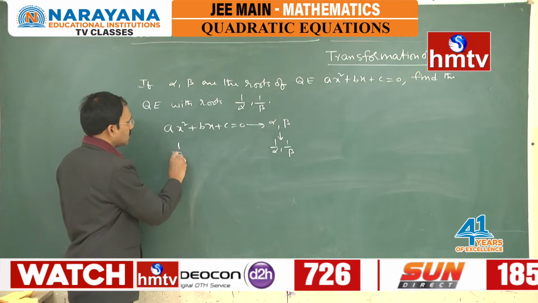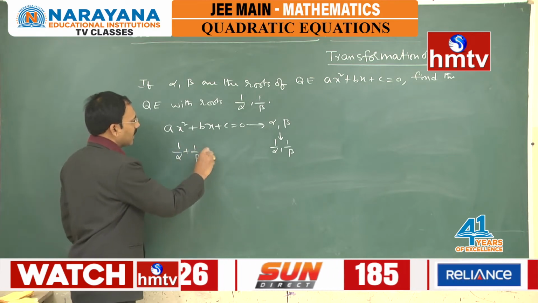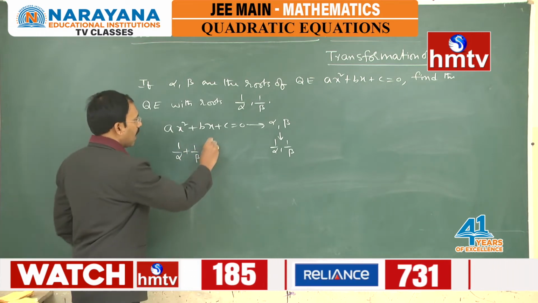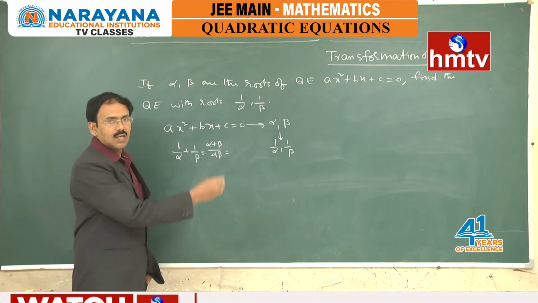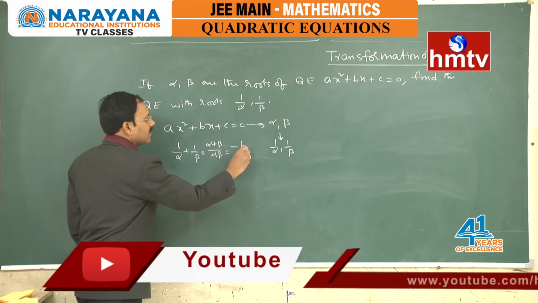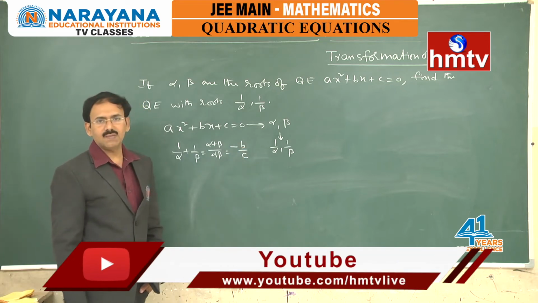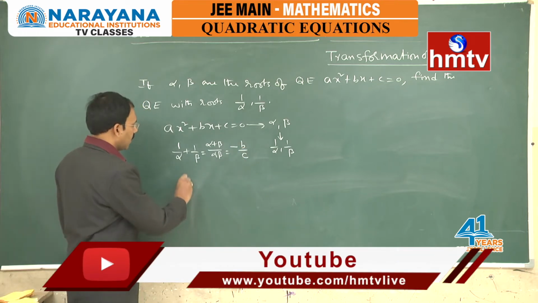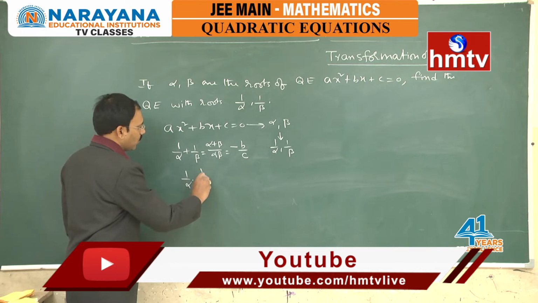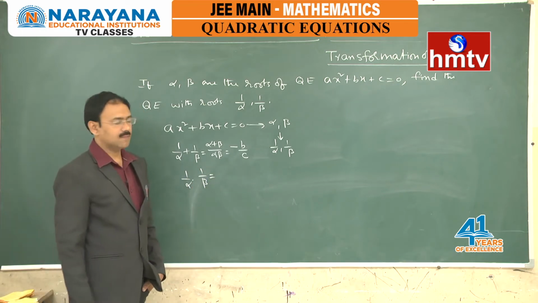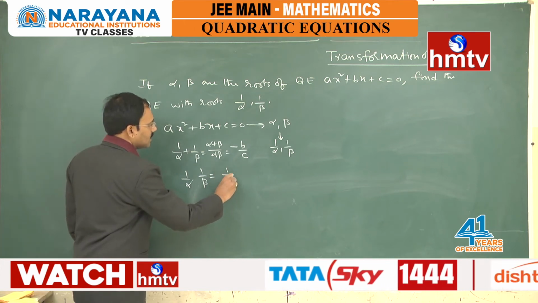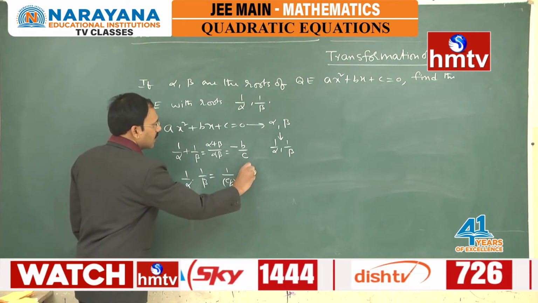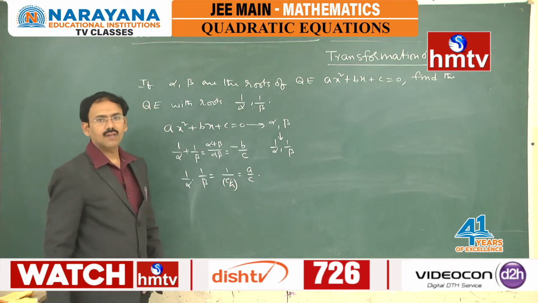Now, just consider 1 by alpha plus 1 by beta is alpha plus beta by alpha beta, which is minus b by a by c by a, which becomes minus b by c. Now, 1 by alpha into 1 by beta is 1 by c by a, which is a by c.